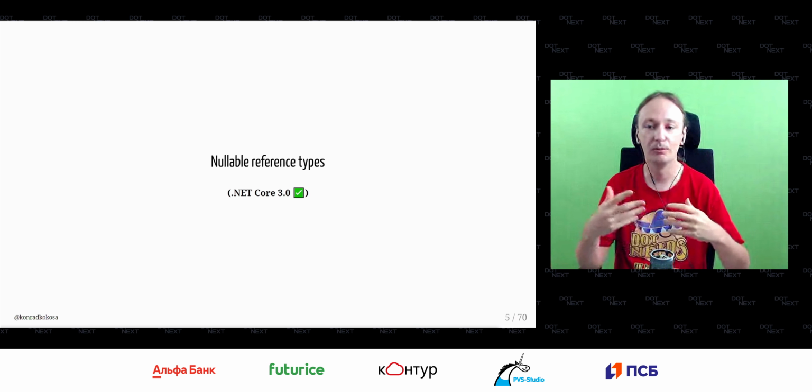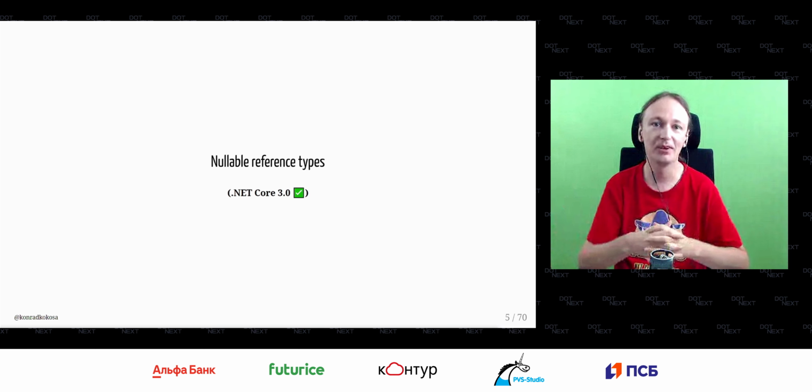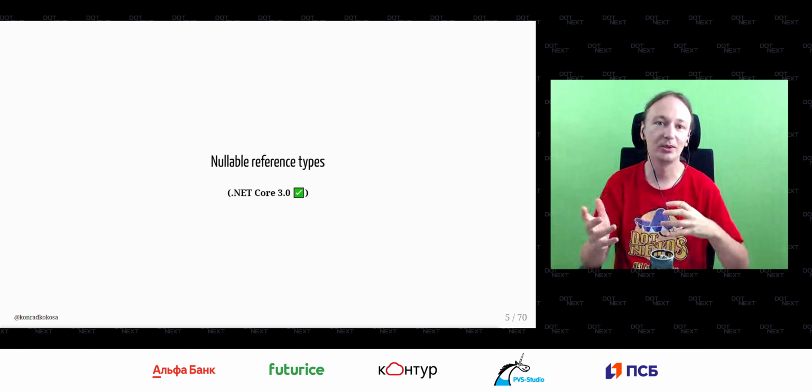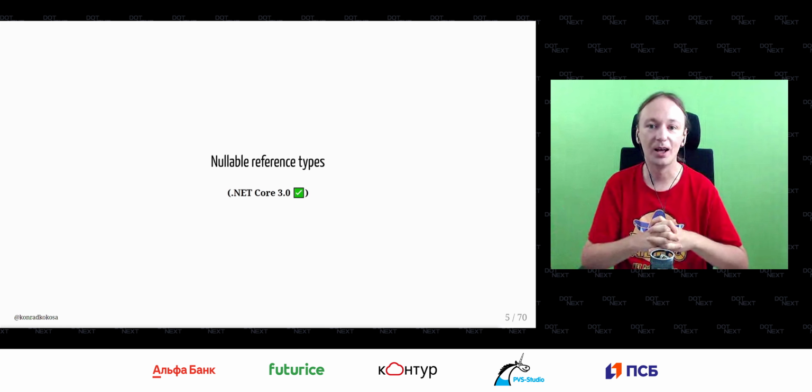Although the name is nullable reference types, in general it means we are turning things around, and now with the help of C# 8 we can make all references non-nullable by default. This is interesting because obviously it makes our software safer, as we hope to get rid of null reference exceptions due to the fact that references are not null by default.